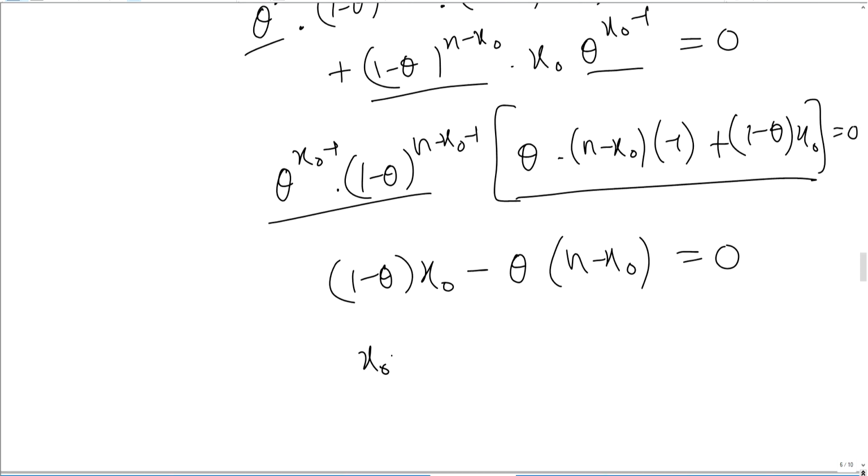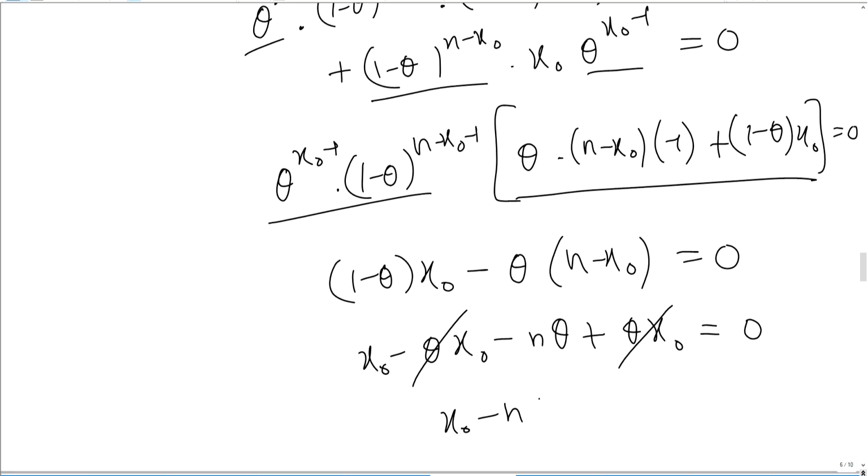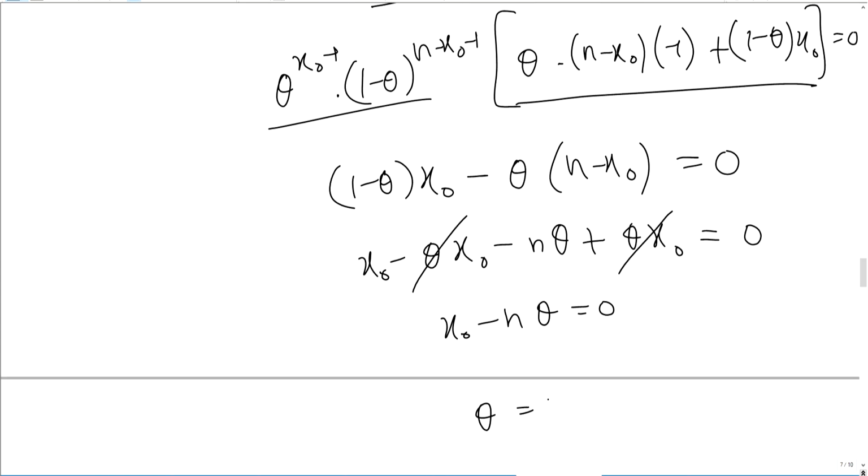Now, this is x naught minus theta x naught minus n theta plus theta x naught equals 0. Okay, this will go. What we have is x naught minus n theta equals 0. That means theta equals x naught by n. This is the maximum likelihood estimate of theta.